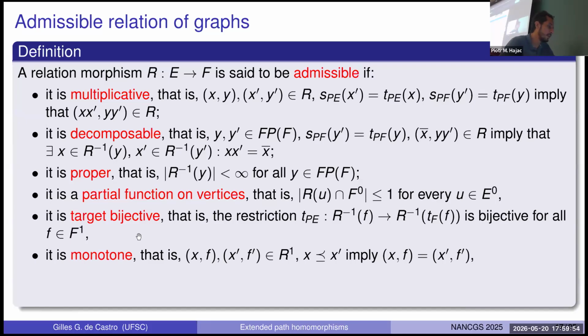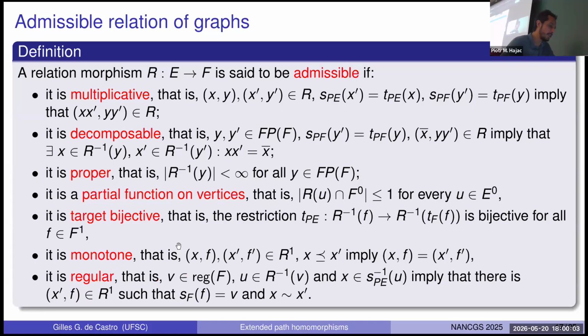So up until here, you have a functor to the category of K algebras, but you're given the compact algebra. And finally, if you want regularity, this is kind of the notion of cover again.